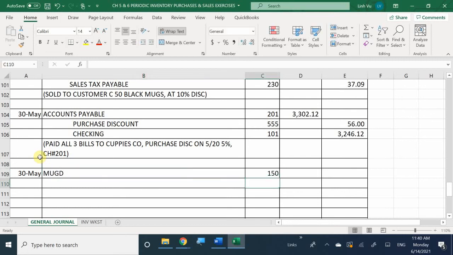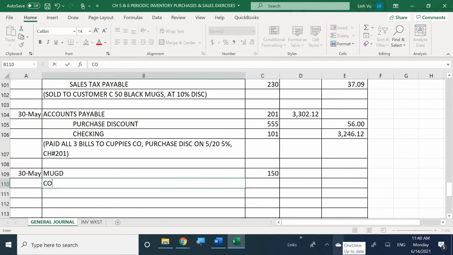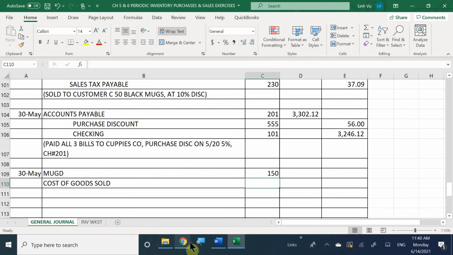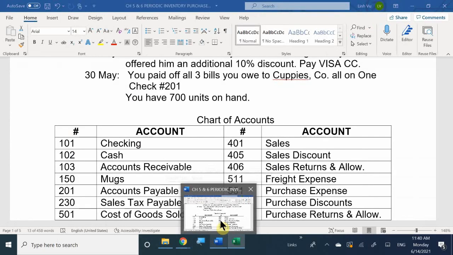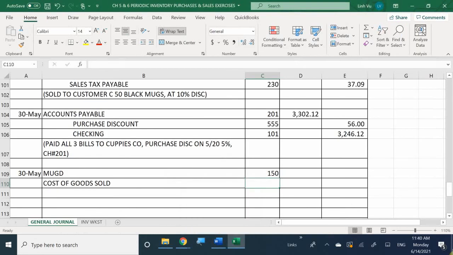For 150. And I heard Inga say cost of goods sold. Let's see what account number that is. Cost of goods sold is going to be account number 501. All right, we could plug them in as we go.